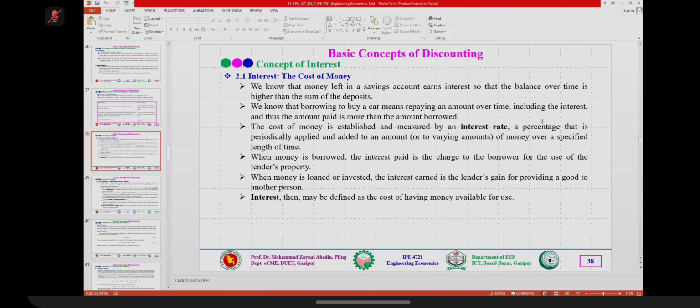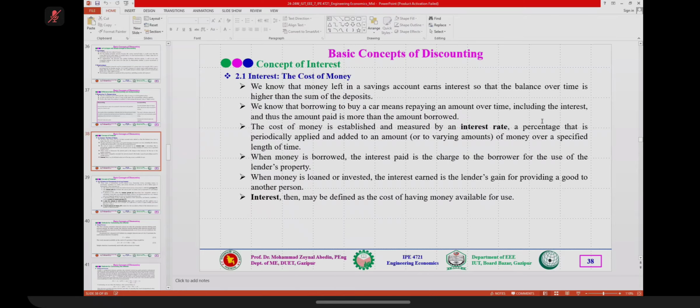We know that borrowing to buy a car means repaying an amount over time, including the interest. Thus, the amount paid is more than the amount borrowed. The cost of money is established and measured by an interest rate, a percentage that is periodically applied and added to an amount or to varying amounts of money over a specific length of time.